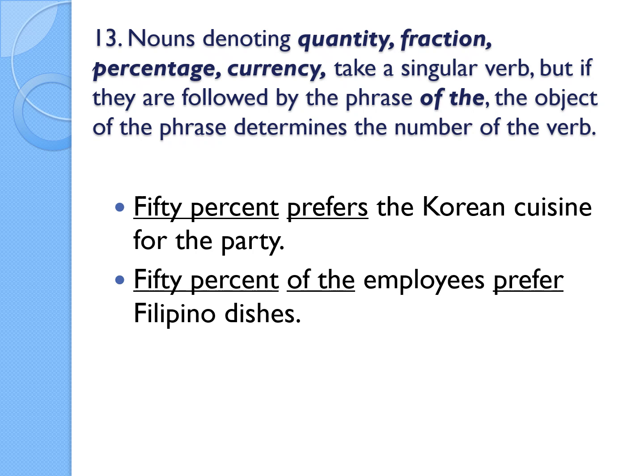Since it is plural, the verb must be plural. That's why it uses "prefer." Although 50% is a quantity, there is an of phrase which is plural, so the verb must be plural. But in the first sentence, "50% prefers the Korean cuisine for the party," there is no of phrase. That's why the verb is singular, "prefers."